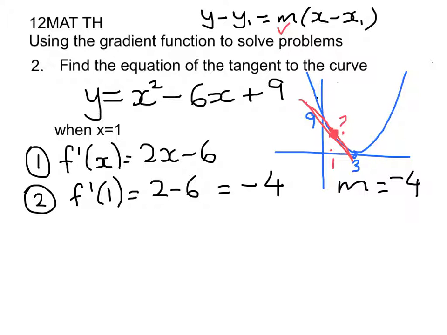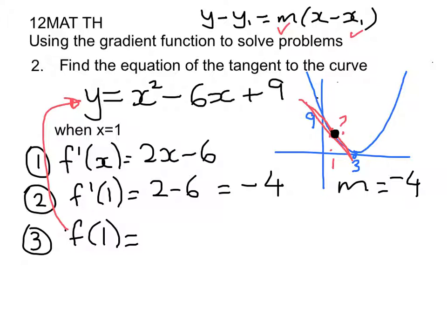We also know the x value is going to be 1. So what we've got to work out next is what's the value of y, what's the coordinate of the point on the curve. So to do that, I put that back into my function. So I'm using the function to get the y coordinate.